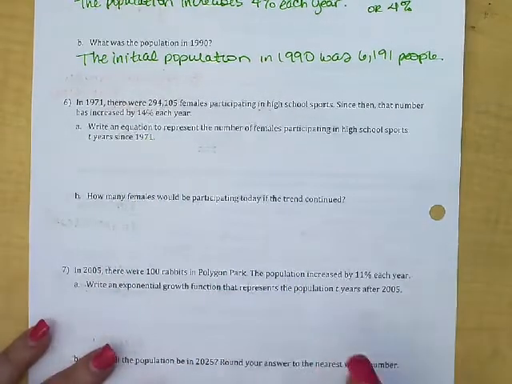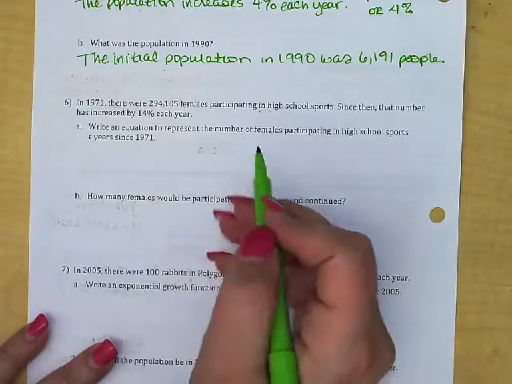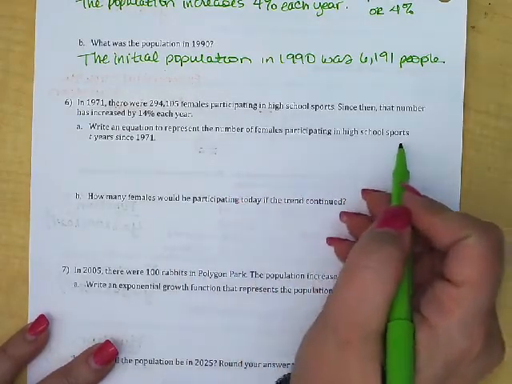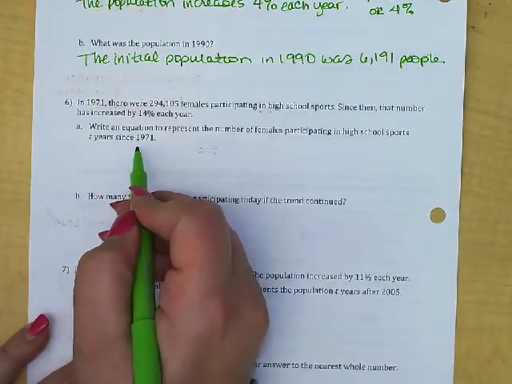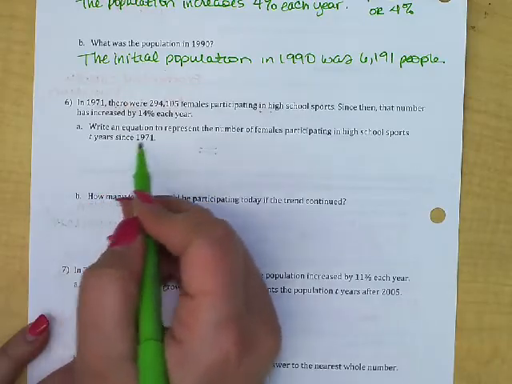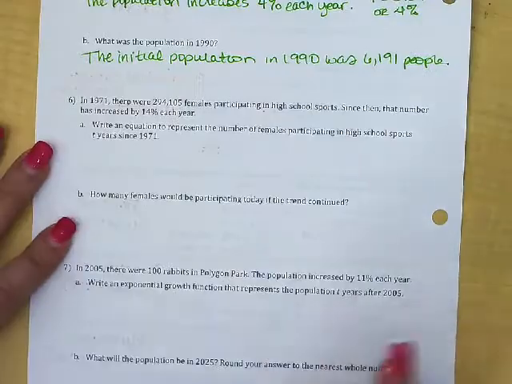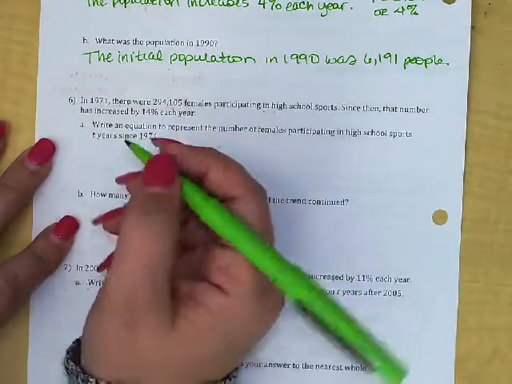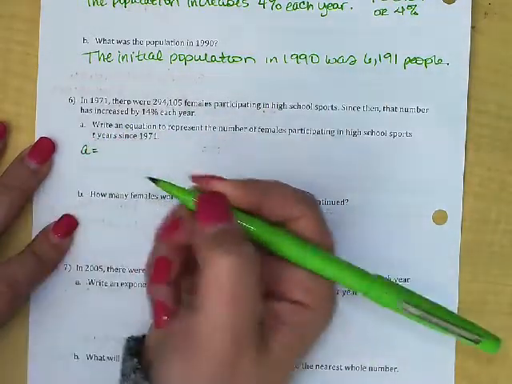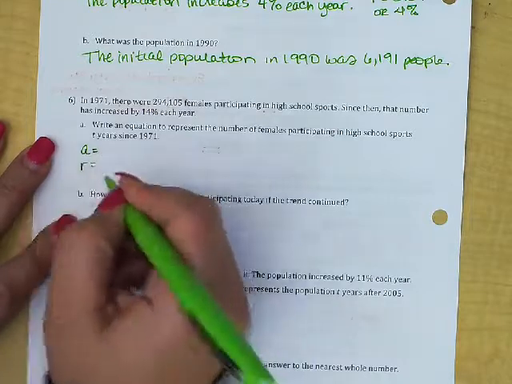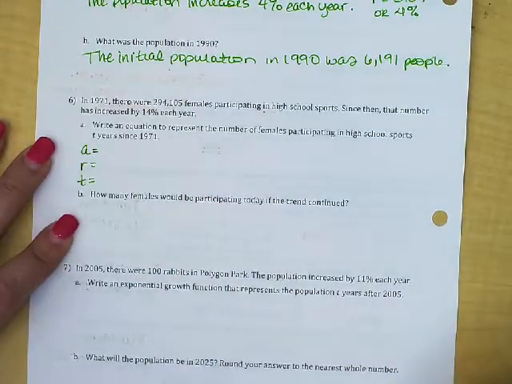So part A here, we want to write an equation to represent the number of females participating in high school sports T years since 1971. So that's what T is going to represent there. So let's do that first. So let's break down what ingredients I need for my function. I need an initial value. I need an R, and I need to define what T is going to represent.